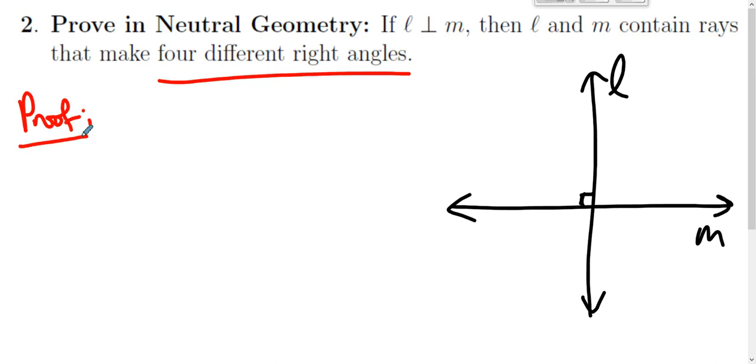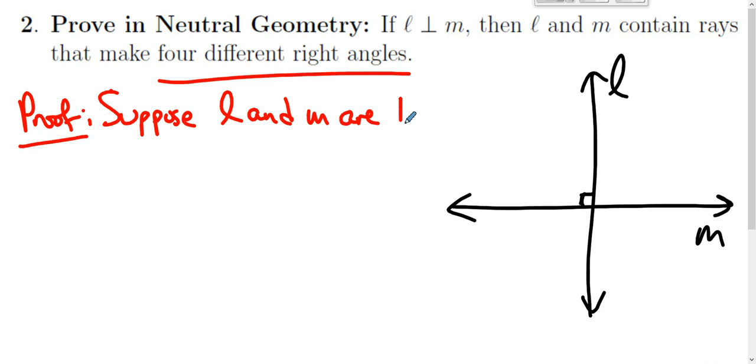This proof is one that I walk through with students because I want them to know how to set up the picture. So this is what we know. Suppose L and M are lines with L perpendicular to M. Well, what does that mean? That means that L and M come together and form a right angle. Well, we've got to give that angle a name, so let's do that.